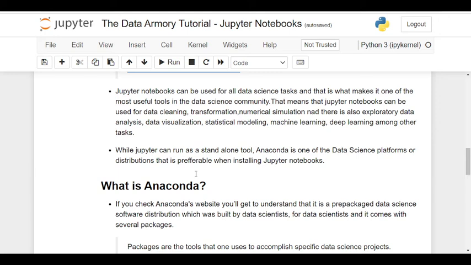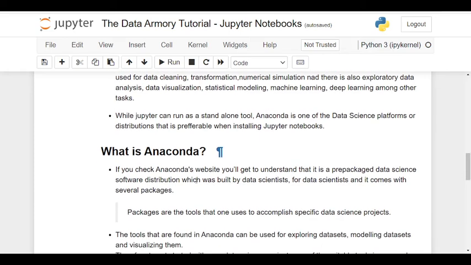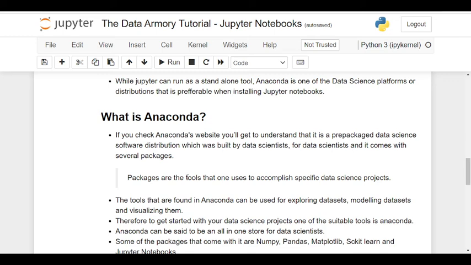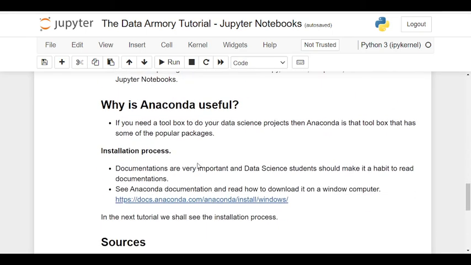But in the data science field, it is famous to be used after downloading the Anaconda distribution, because of the power that it has, since it comes with prepackaged data science tools, which are essential in the data science field.